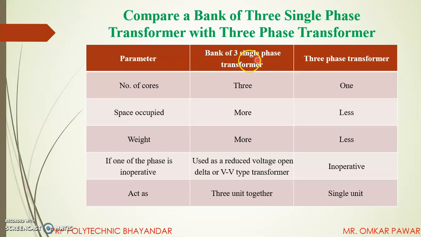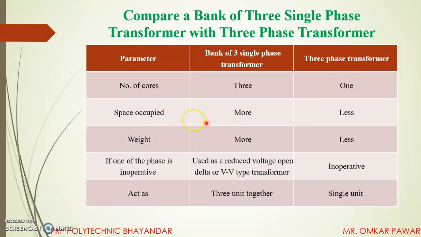In a bank of three single-phase transformers, the first parameter is the number of cores. It requires three different cores, that is, three different single units each having an individual core, and in a three-phase transformer there is only one core on which the three phases are mounted.